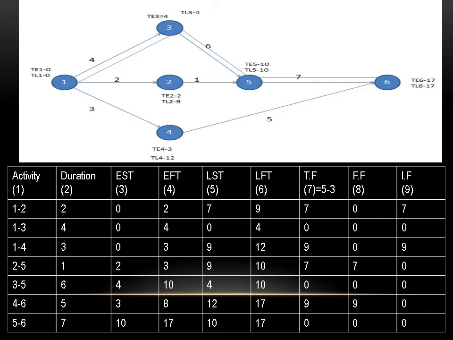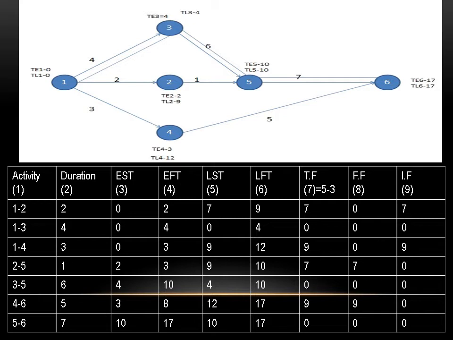From the table it was given 1 to 2 takes 2 days, 1 to 3 4 days, 1 to 4 3 days and so on till 5 to 6, 7 days. EST is nothing but the TE 1, 2, 3, 4 till 6 that you have written. EST, earliest start time, how much early an event can occur.